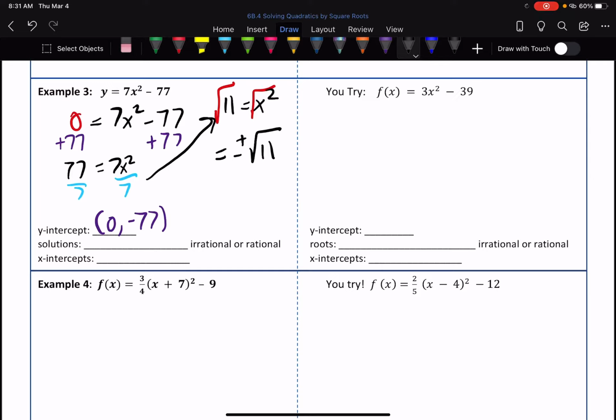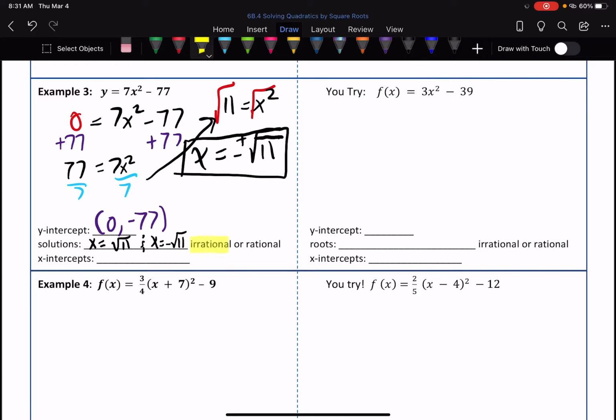And then the square root of x squared is just x. So that is as far as we can go to keep it as the simplified version. x equals plus or minus the square root of 11. So our solutions are x equals square root of 11 and x equals negative square root of 11.